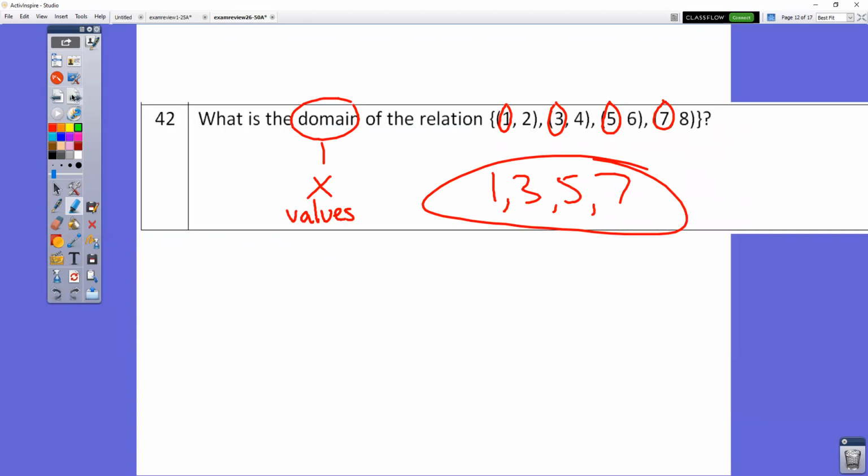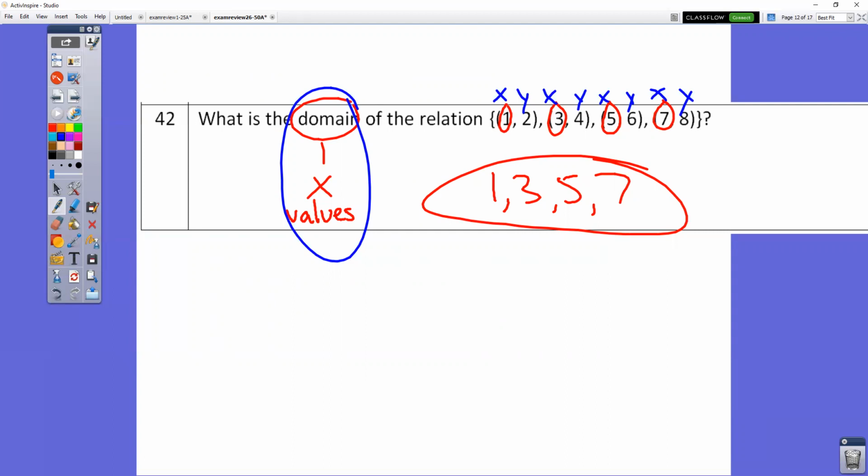In number 42, you might not have known how to do this one, but this is a very, very easy question. Domain. The word domain means your x values. All points are written x comma y, right? So when we take a look at it, all that I'm asking you for here is what are the x values?